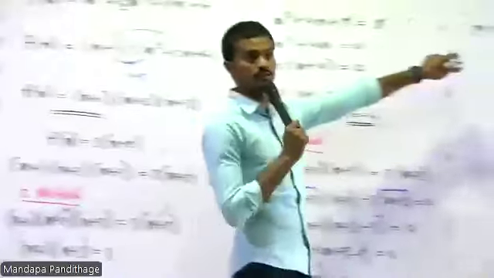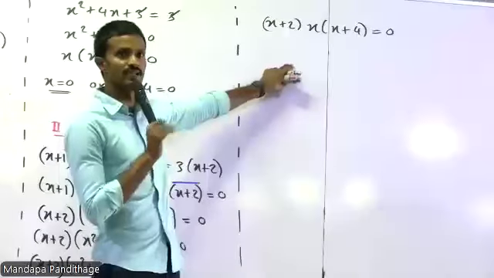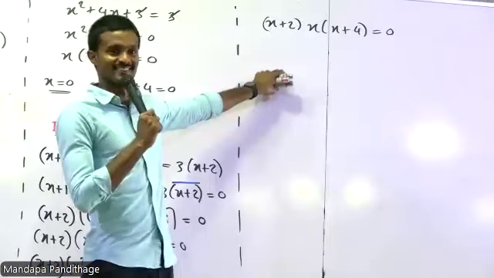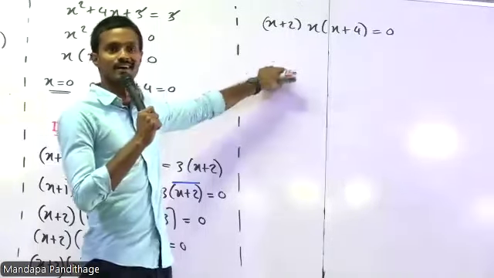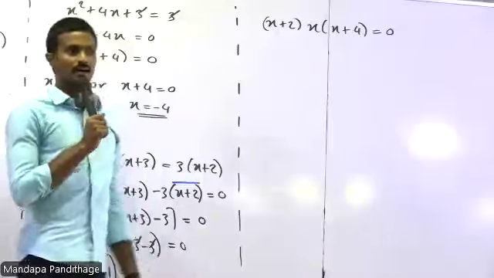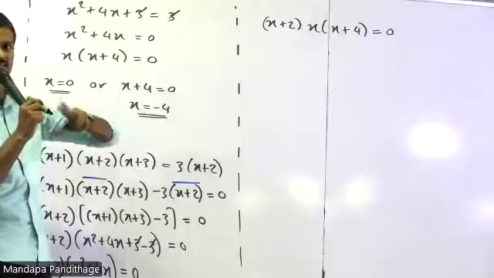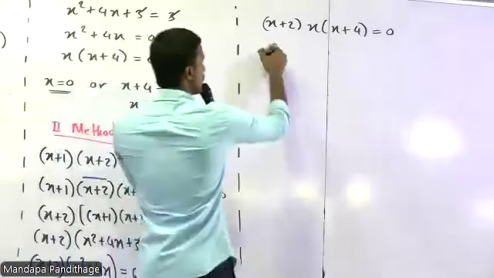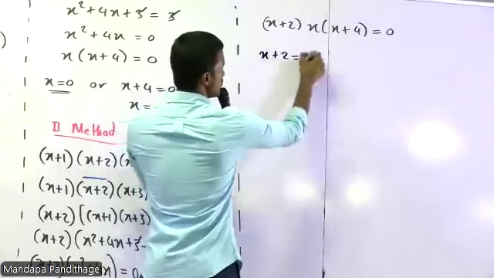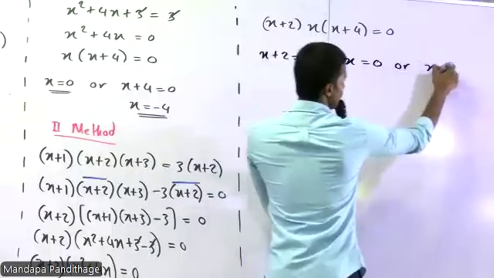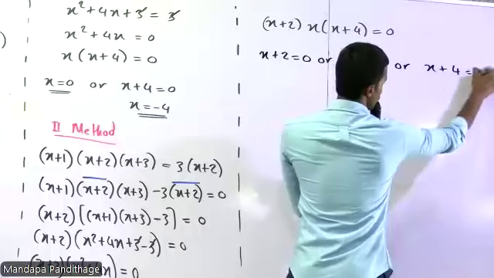Okay, now here when we have 3. Listen, silence. Okay. So then you can write x plus 2 equals 0 or x equals 0 or x plus 4 equals 0.